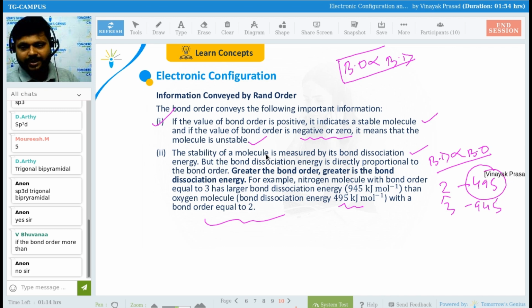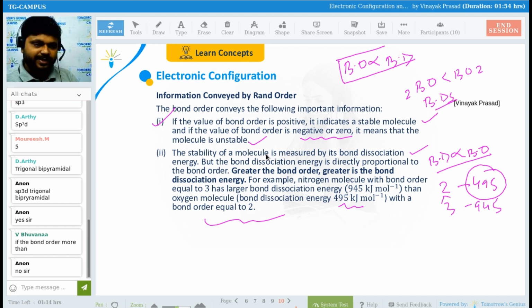See, the second bond order will have lesser bond dissociation energy than the third order. Yes or no, guys?